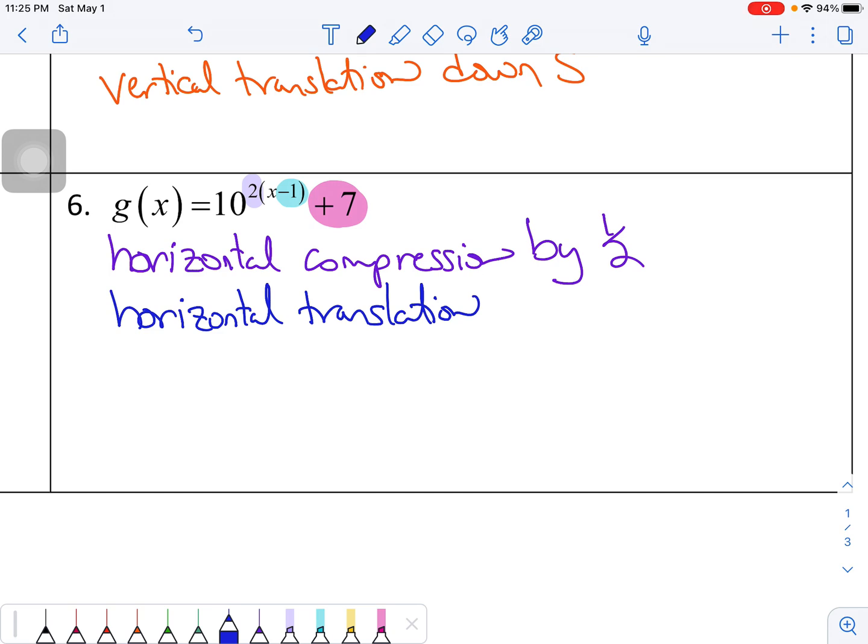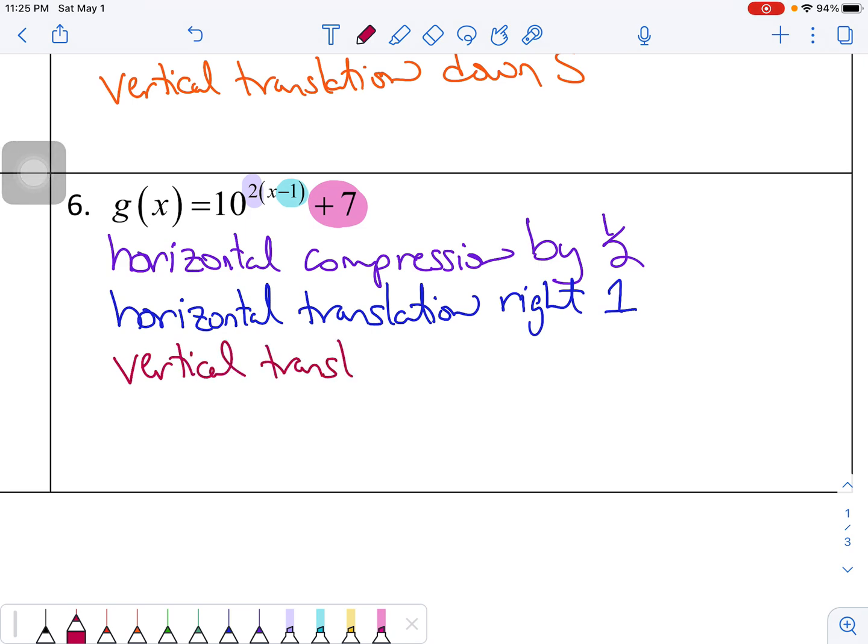Horizontal translation, -1 is going to be to the right. I know it's backwards. All right, to the right one. And then the last bit here is this +7. This is your vertical translation. And that one's straightforward. So it says +7, so we're going to go up 7 units.